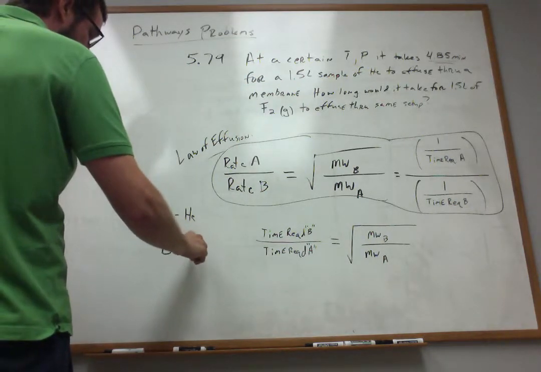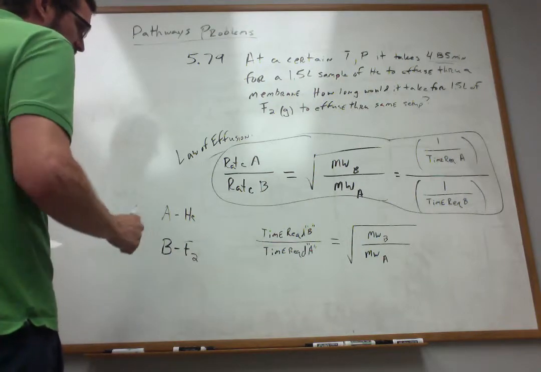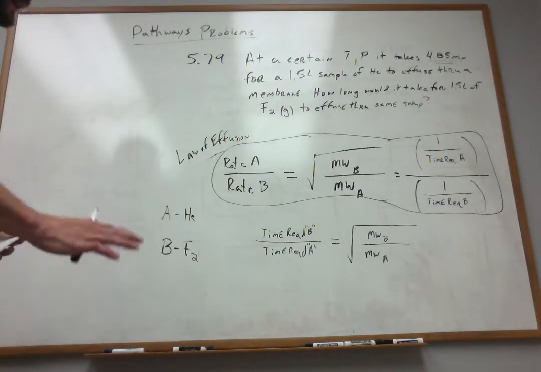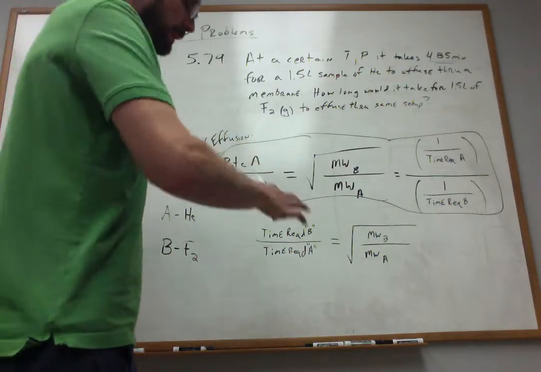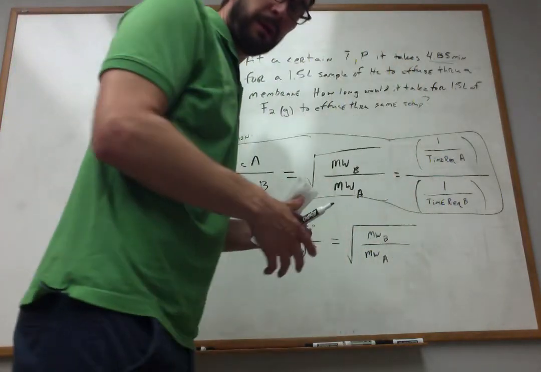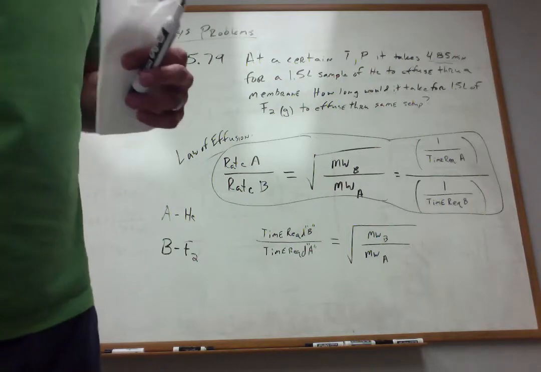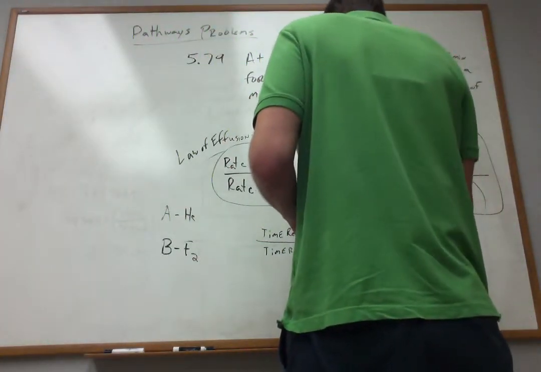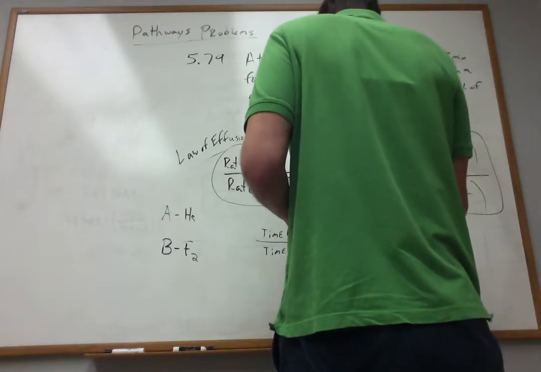The other gas is fluorine. I'm going to define that as substance B. I write this on my piece of paper so I can't confuse which one, okay? Because it's hard to remember what's in the numerator, what's in the denominator, what number goes where. It's easier just to write out which is substance A and which is substance B, so you don't confuse yourself, okay?